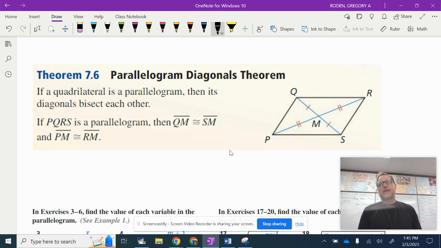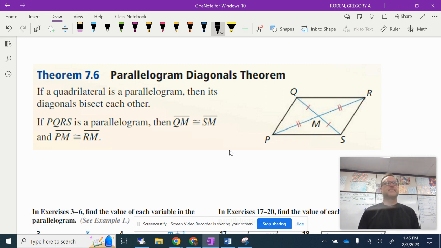Are you sure it's not called a parallelogram? No, a rectangle and a rhombus make a rhombitangle, otherwise known as a square. Mr. Roden, that's not a word. A square is a rhombitangle. That's not a word.